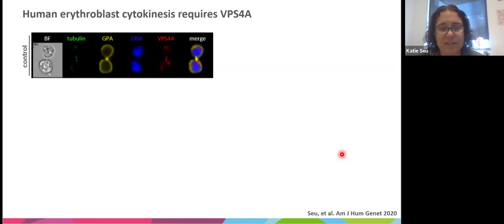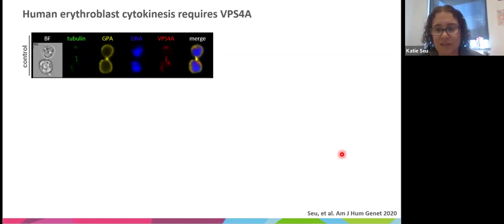They grow in suspension, so it's not like you can grow them adherent and just fix them in place and image them. So we were able to just fix the cells directly, stain them in suspension, and run them in the ImageStream. And because of the high throughput capabilities, we can still find parameters to pull these rare events out.